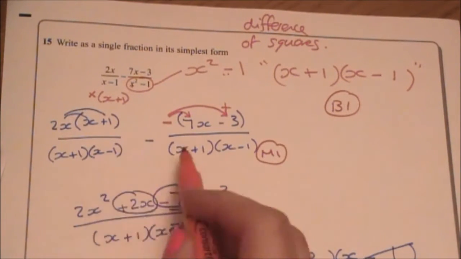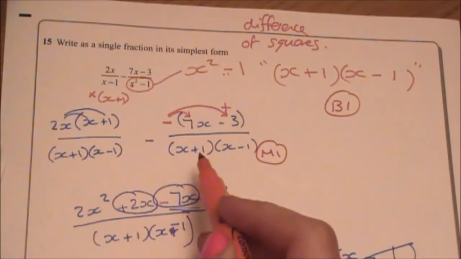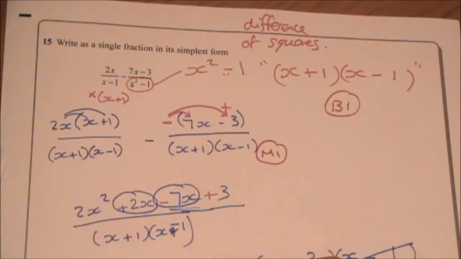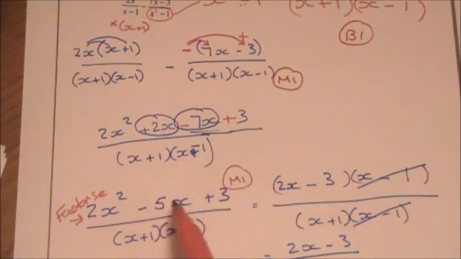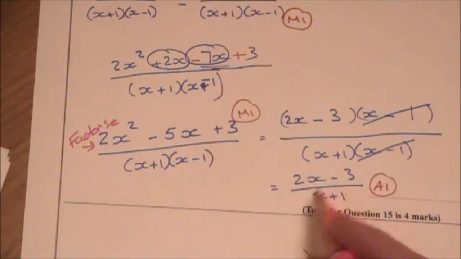And that's for making the denominators the same. Your third mark is here, and that's for correctly expanding your brackets and having the numerator. And the final mark is an A1 mark for having the answer correct, cancelling out your expressions.